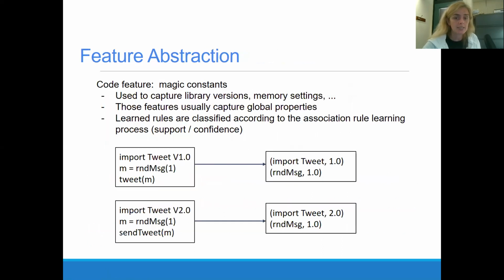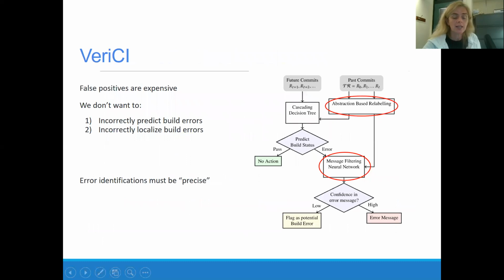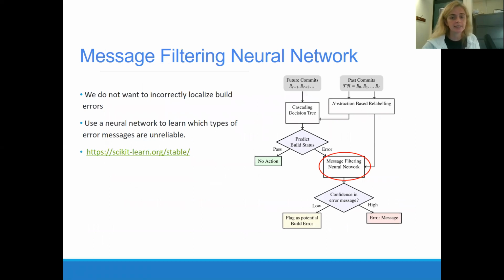The reason for this is that we don't want to try to predict errors from something where we would get contradicting labels. So now let me go to the next thing we need to do, very shortly: what do we do about message filtering using neural networks? We actually just use the scikit-learn library, and what we do is the following.